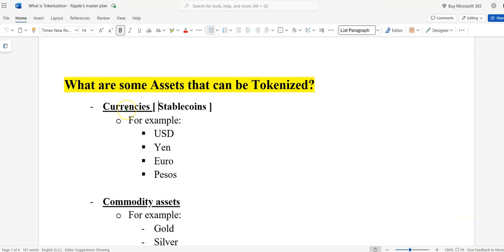So you could pick any currency in the world. It could be USD, it could be the yen, it could be the euro, it could be the pesos. It doesn't matter. If you have it physically, if you got the numbers, you could put that asset in and tokenize it. And in this case, that's what a stable coin will be.